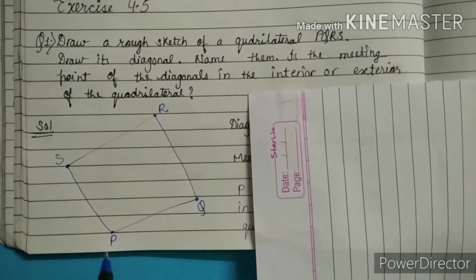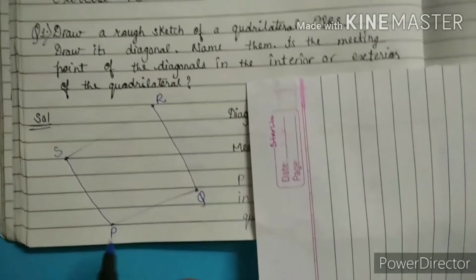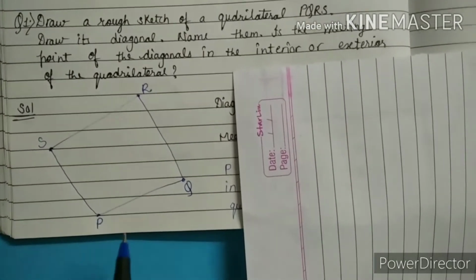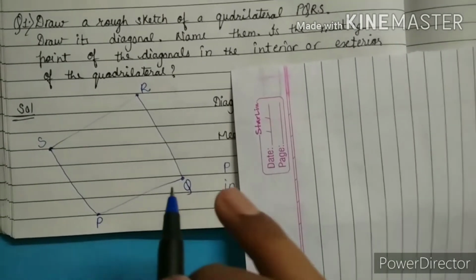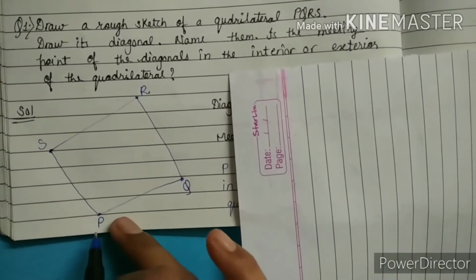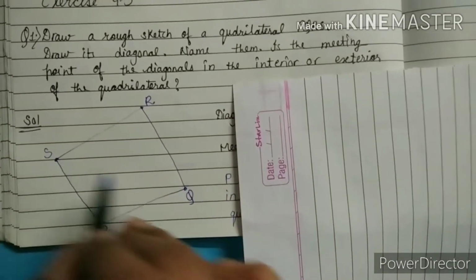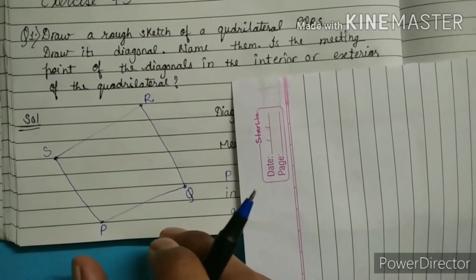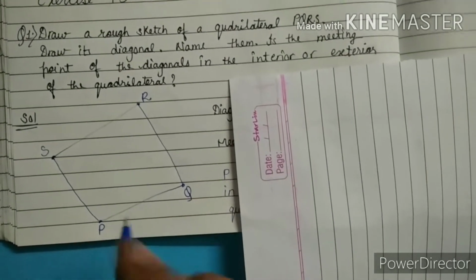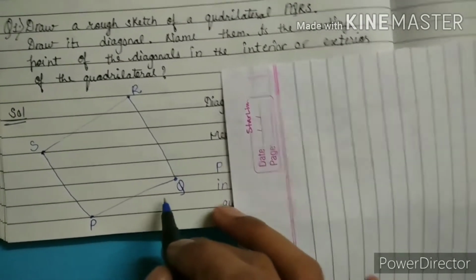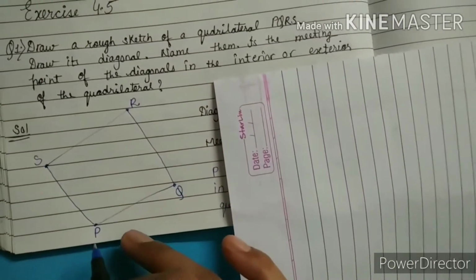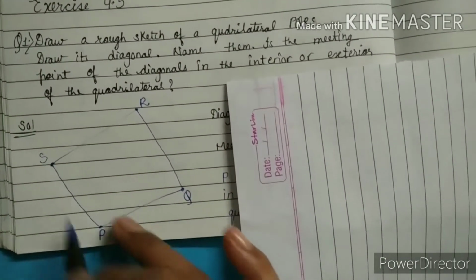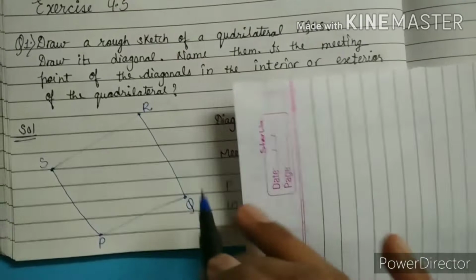You have to go in an anti-clockwise or clockwise manner, and please do not leave any vertex. Like P is here, Q is here, R is here, S is here. This is not allowed. We have to go in the proper sequence P, Q, R, S.